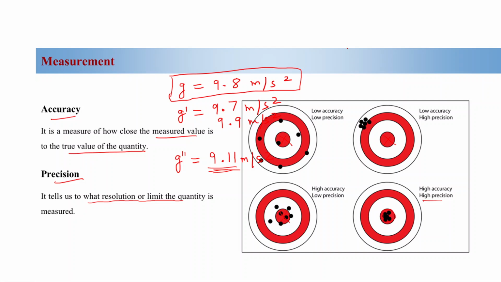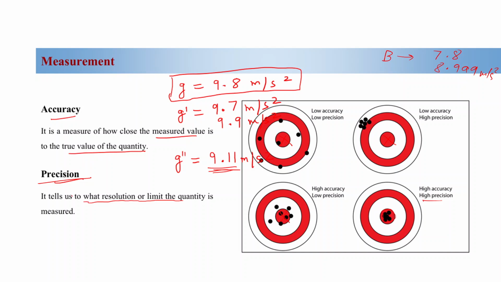But if some other person, say person B, is conducting an experiment, and he or she is getting the value as 7.8 or 8.999 meter per second square. Now, precision, this is going to a lot of decimal digits, means it's giving a very resolved value.